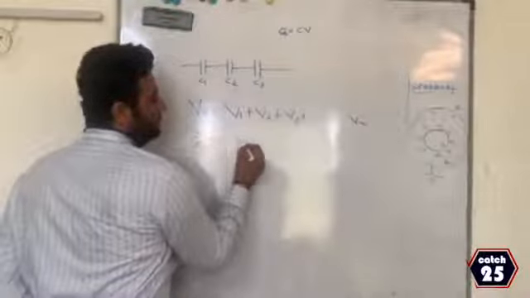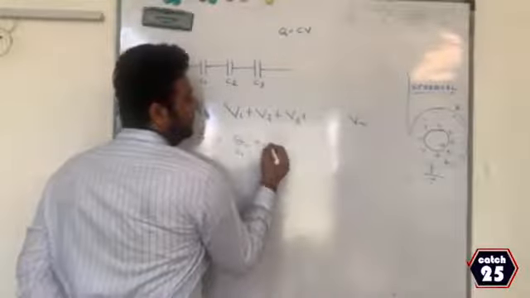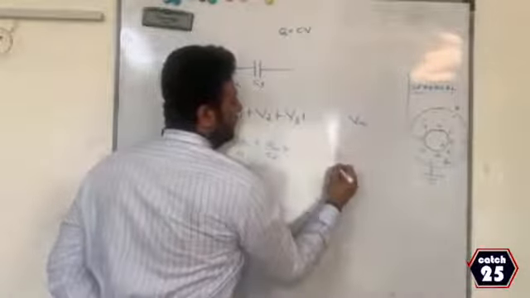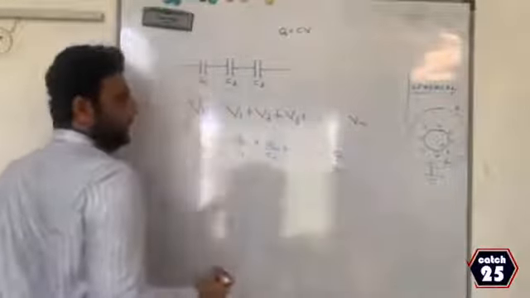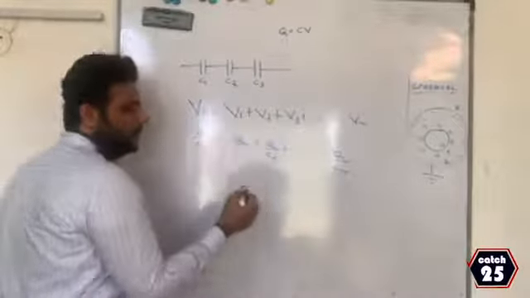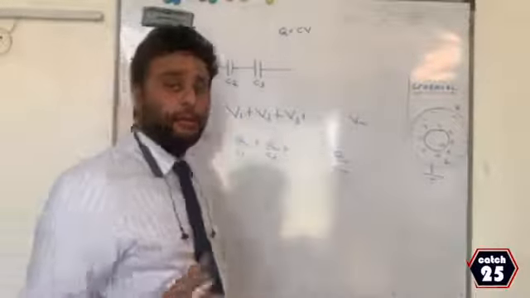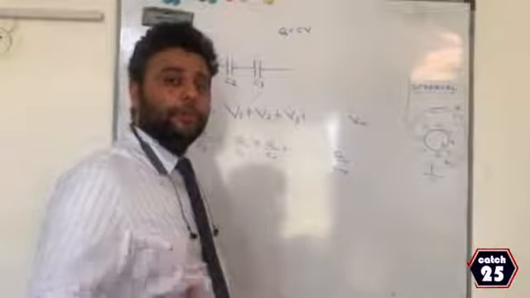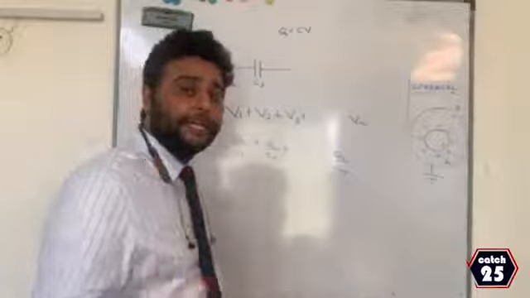This is Q by C1 plus Q by C2, Q by Cn. If you notice, I have taken Vs as Q by Cs, V1 as Q by C1, V2 as Q by C2. Remember, I have not taken Q1, Q2, Q3 because charge remains constant. Therefore, throughout it is Q.